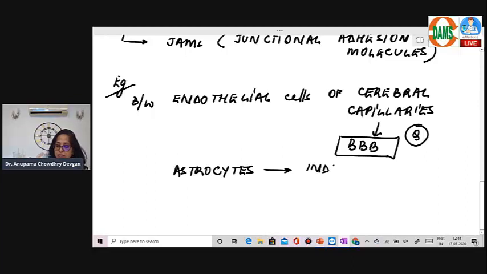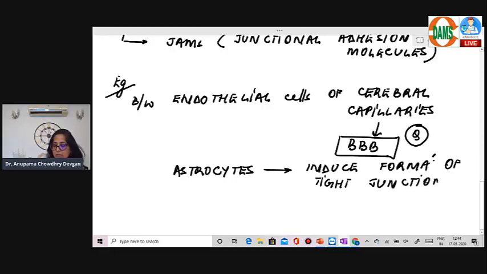Astrocytes induce the formation of tight junctions, but the tight junctions are the actual ones responsible for the blood-brain barrier.